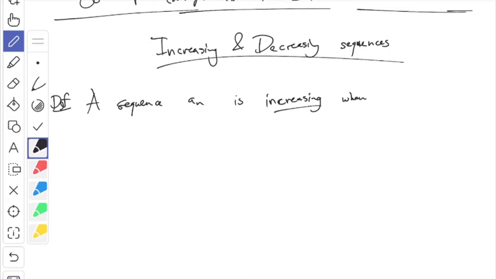There are some sequences which are increasing, but they don't go to infinity. Or something like this. This one is decreasing. They get smaller every time, but it doesn't go to negative infinity. It actually goes to 0. It goes to something else.